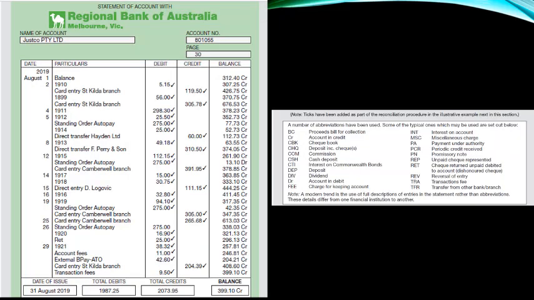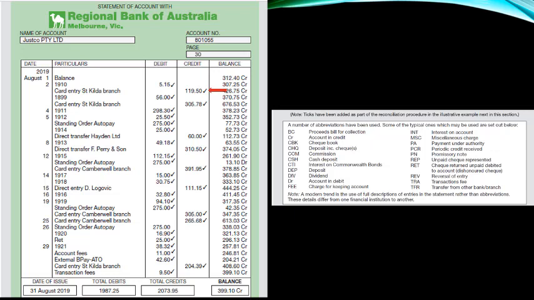In the August bank statement, we'll try to see whether the cash outstanding for deposit is credited by the bank, and whether any unpresented checks have been cleared by the bank.